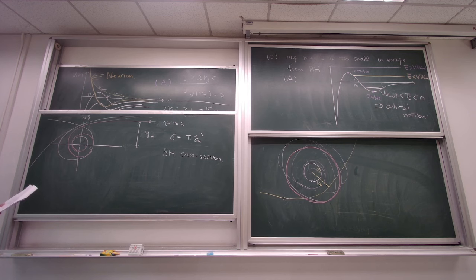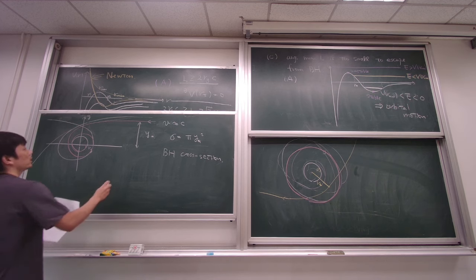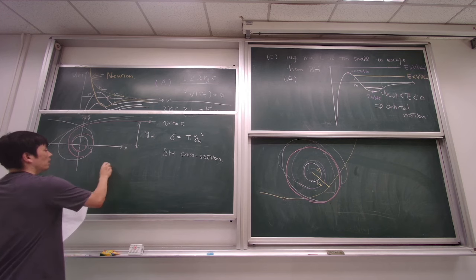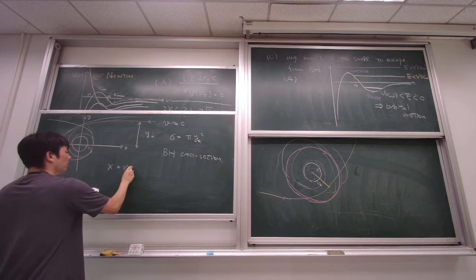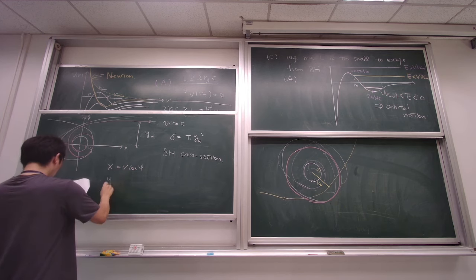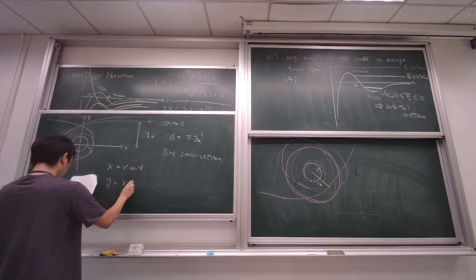Okay, what should we do? Let's evaluate. Somehow my lecture notes are not well readable. Let's consider the x-axis. X is equal to r cosine phi. Y is equal to r sine phi.